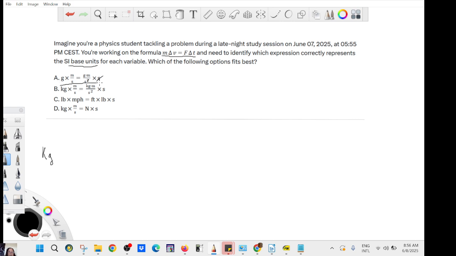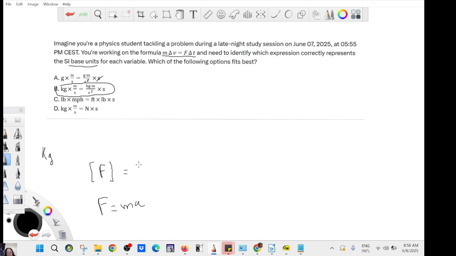Okay, so here works too, because mass is kilogram, meter per second is speed, and that will be second. And this here is the unit for force, right? The unit for force, if you remember, F equals ma.